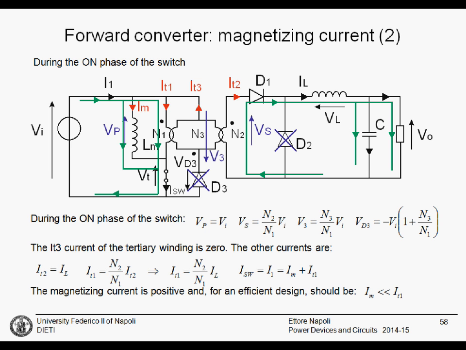This is why, for an efficient design, the magnetizing inductance must be large, hence we can say that the magnetizing current is much smaller than the IT1.